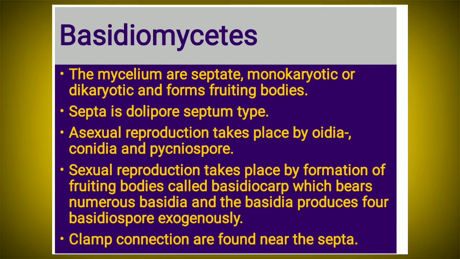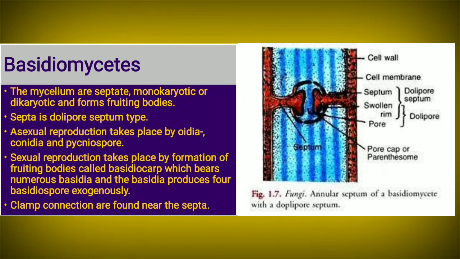The next is the formation of dolipore septum. As we know the septa is present. Now the septa can be of dolipore type. Dolipore means the inner ingrowth of the cell membrane takes a jar shaped or dumbbell shaped pattern, and therefore the name dolipore.